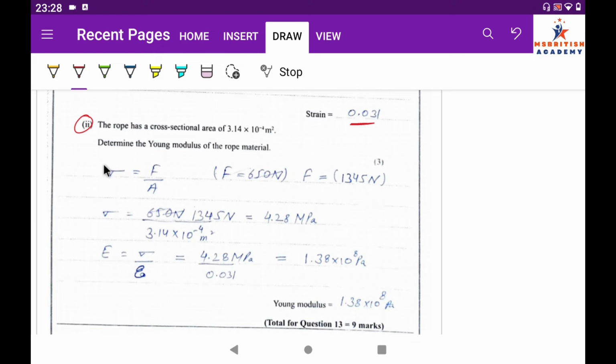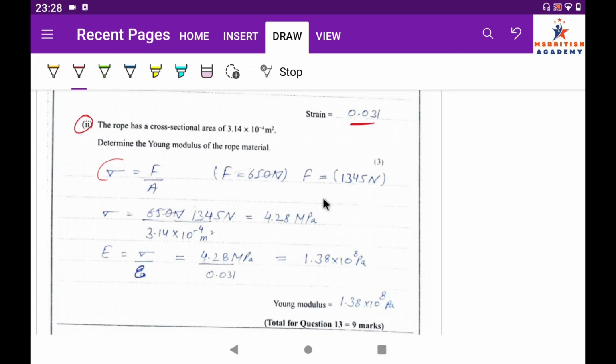Okay, so as we know, sigma is equal to force upon area. So from here we can calculate sigma, that is stress. Young modulus is stress upon strain. So from here you can find out the stress on the rope.